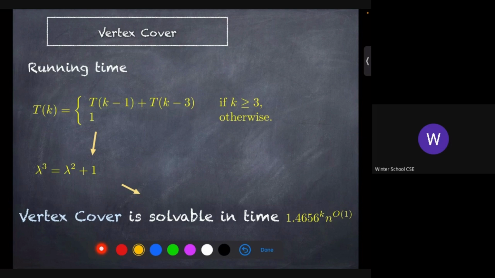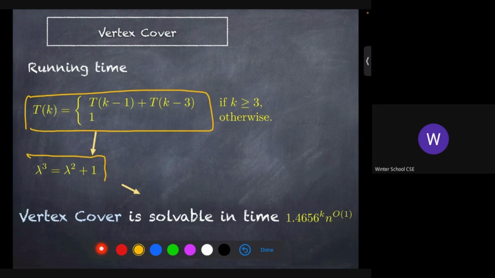This will give me this recursion for the function T, which brings me to this estimation of the function lambda. And here I should have lambda, of course, at least this, which doesn't matter. And then this immediately gives me the running time 1.4656.